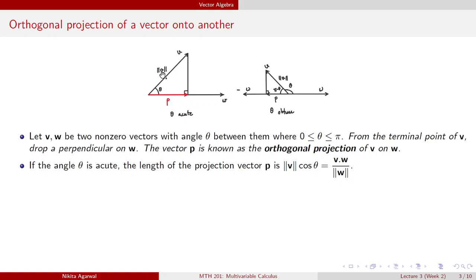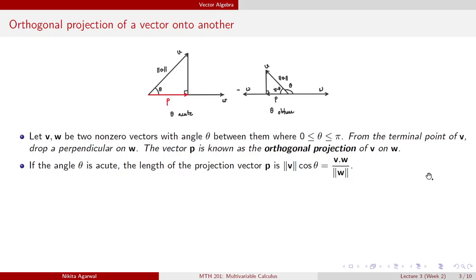Length of P is nothing but norm V cosine theta, by using the right angle triangle formula. But then using the relationship between cosine theta and dot product, this reduces to V dot W divided by norm W. So this is the length of this vector P when theta is acute.